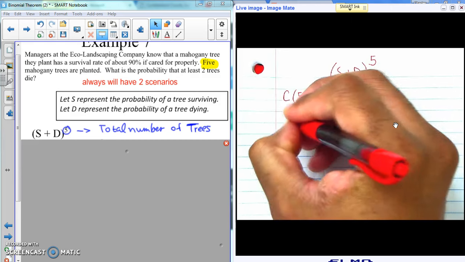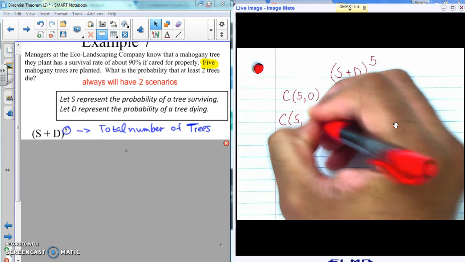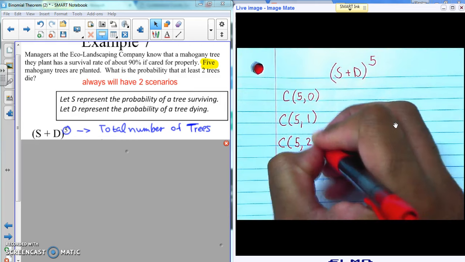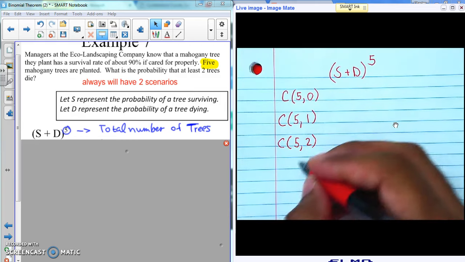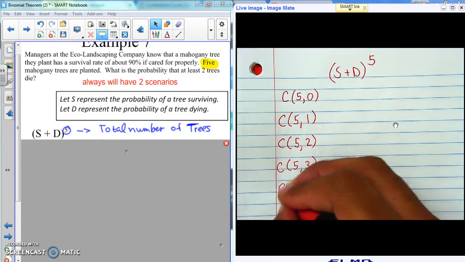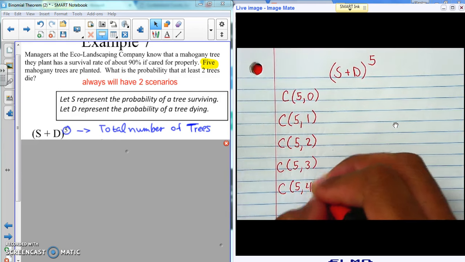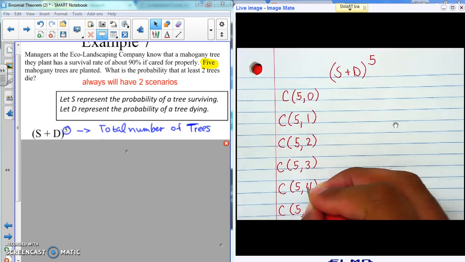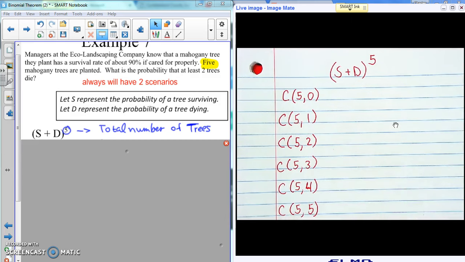And for this one, because we're looking for something specific, we're not going to stop. We're going to do all of them. So we're going to get down again to where these 2 numbers double each other. And then here again, we're going to go ahead and fill in all the stuff because they want to know where at least 2 trees die. And we're going to talk about that specifically.